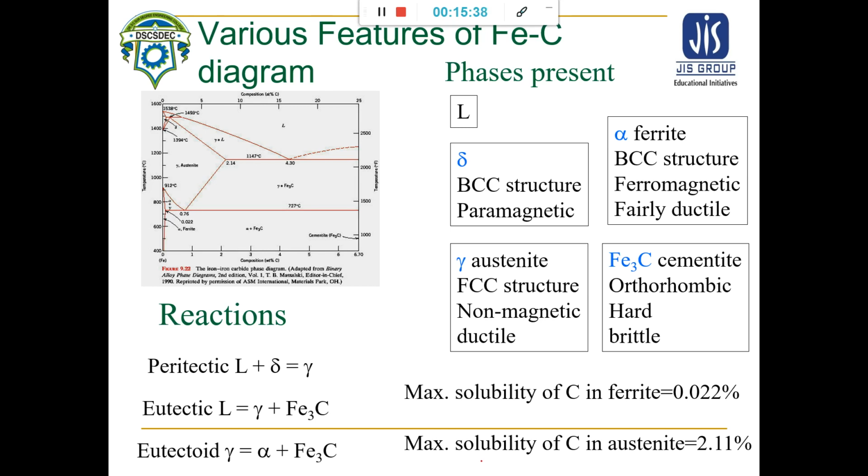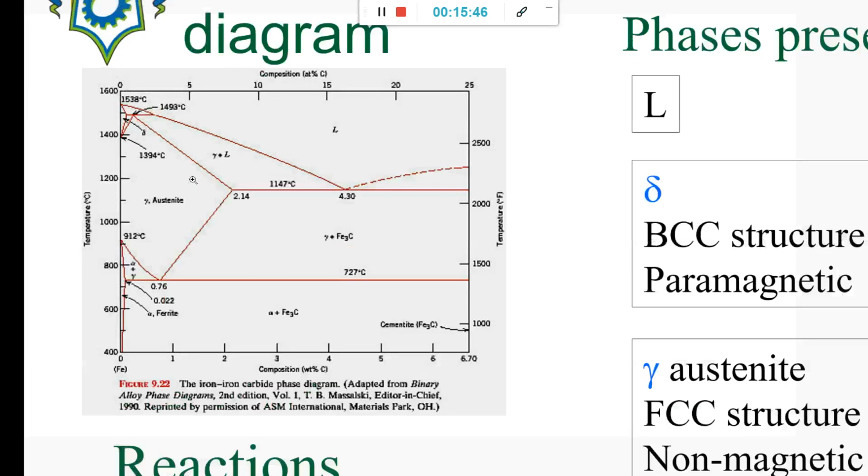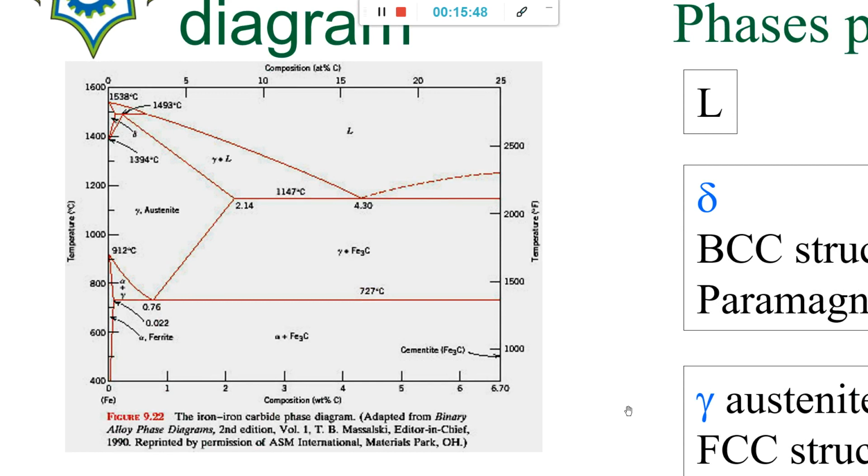So this is our typical iron carbon diagram. I guess it is visible, or if it is not, let me see. Why is it called the iron carbon diagram? This portion is for 100% Fe, with 0% carbon.